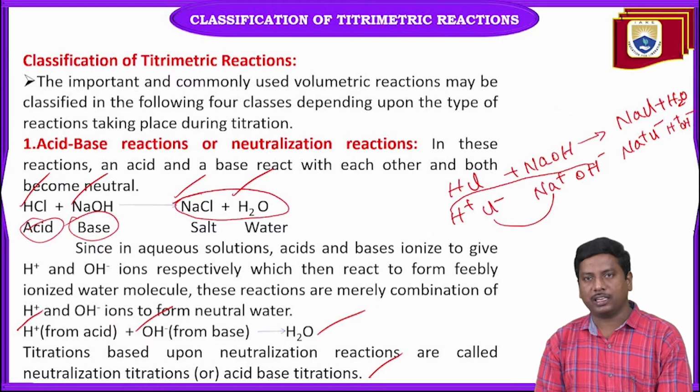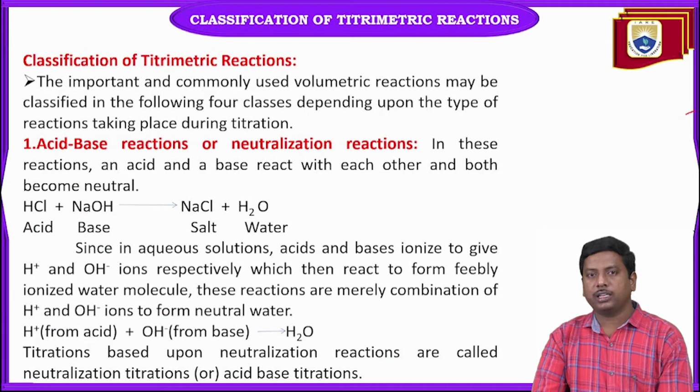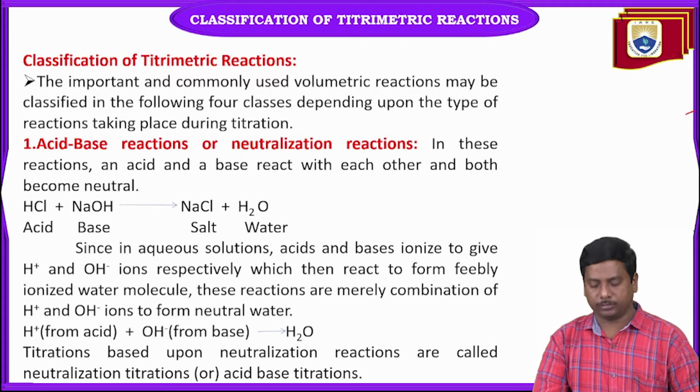That means the titrations between the acid and base give a neutral compound. So that is called neutralization reactions or acid-base reactions. So this is the explanation about the first type of volumetric reactions, neutralization or acid-base reactions. Now we move to the second one, that is called redox reactions.